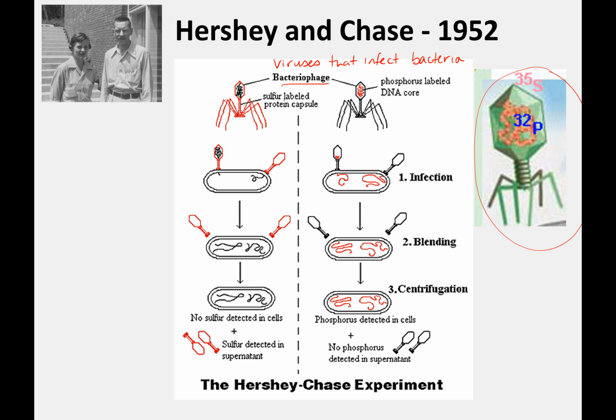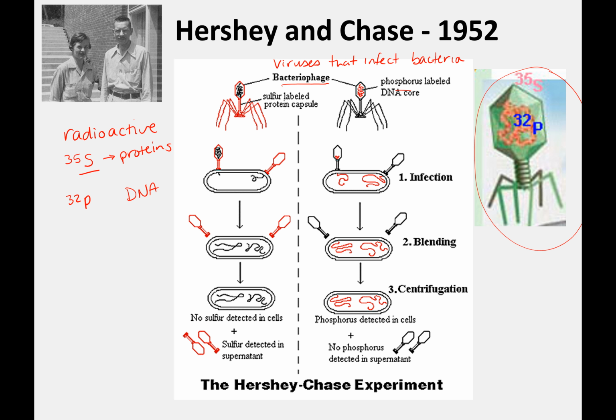And they could use radioactive atoms. So they used something called 35S, which is sulfur, and sulfur is found in proteins, not DNA. They could also use 32P, which is phosphorus, and that labeled the DNA.